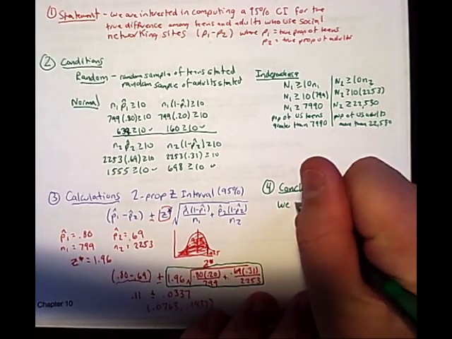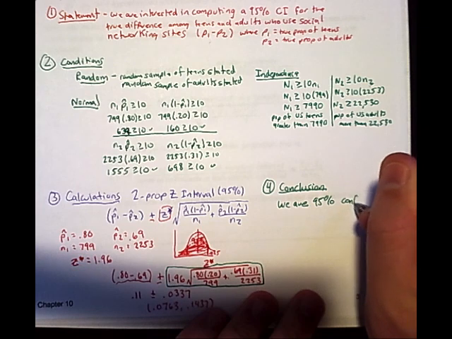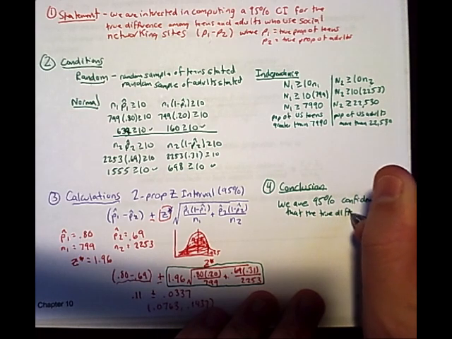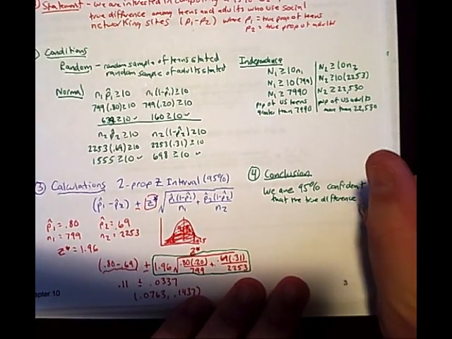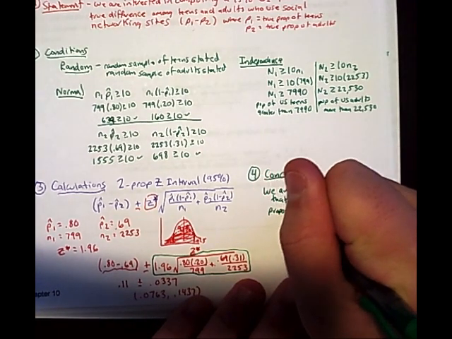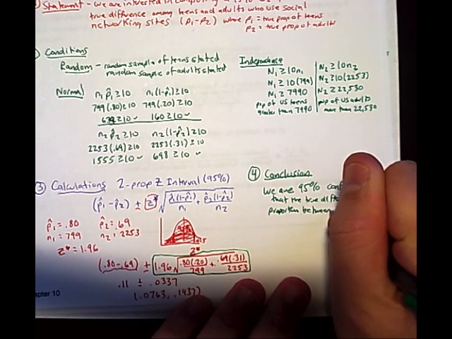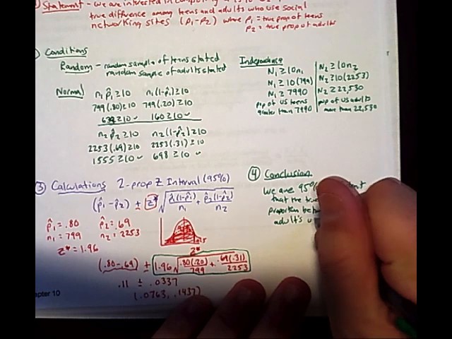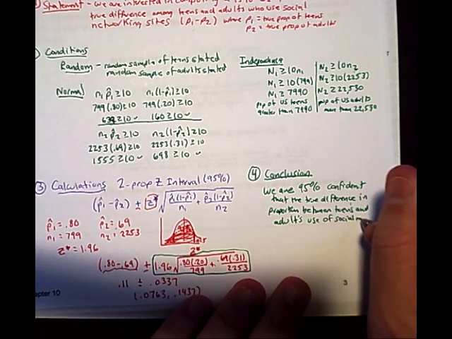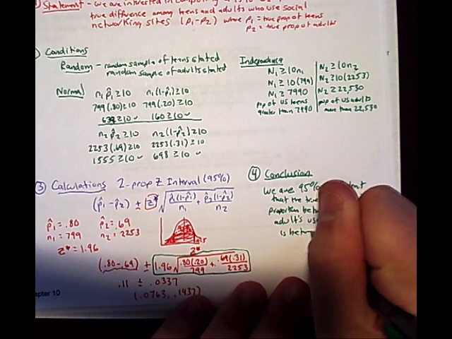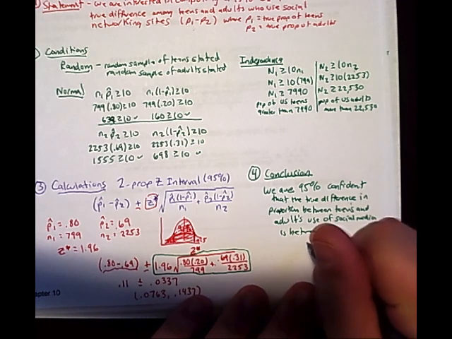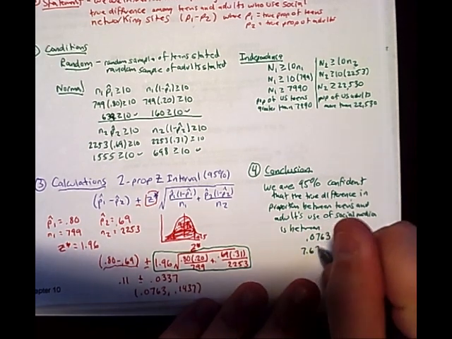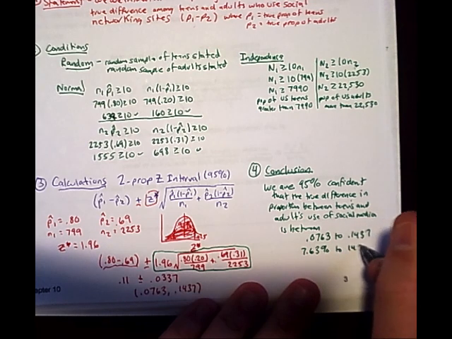We are 95% confident that the true difference in proportion between teens and adults' use of social media is between, you can say these as percents or just as decimals, 0.0763 to 0.1437, or you can say it as 7.63% to 14.37%.